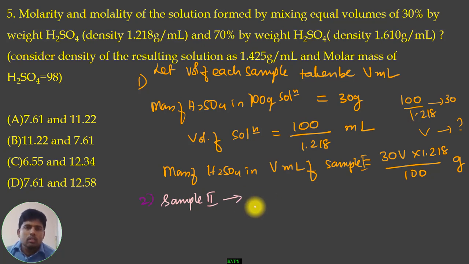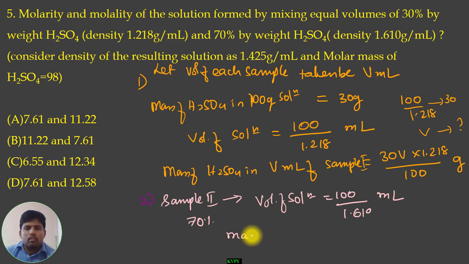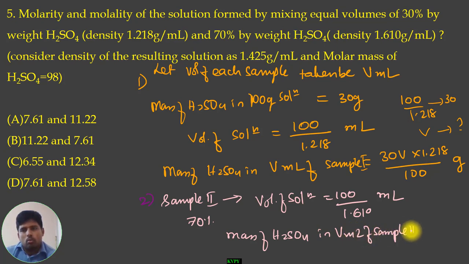For sample 2, in a similar way, because it is 70% H₂SO4, the volume of solution will be 100 gram divided by the density 1.610 milliliter, and because it is 70% by mass, the mass of H₂SO4 in V mL of sample 2 is going to be 70 V into 1.610 divided by 100.